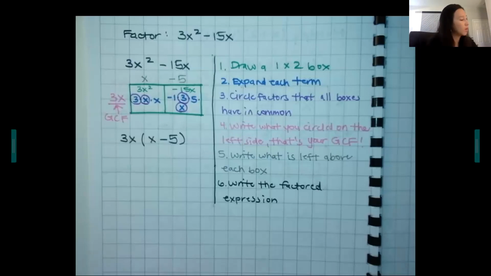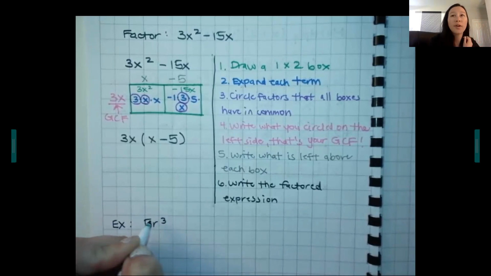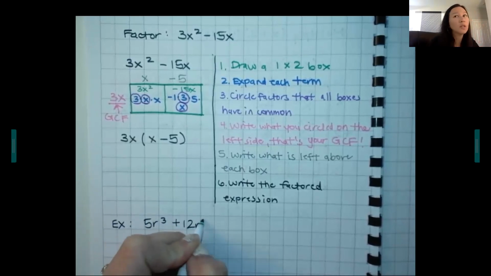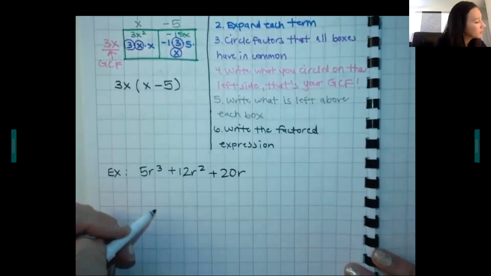Okay, let's do one more, because we're also gonna do trinomials. So say we have 5r to the 3rd power plus 12r squared plus 20r. So in this case, we're going to need 1, 2, 3 boxes because we have 3 terms.